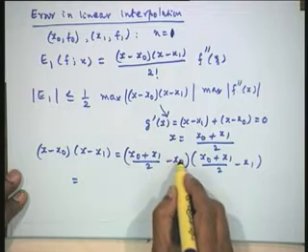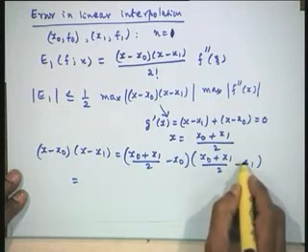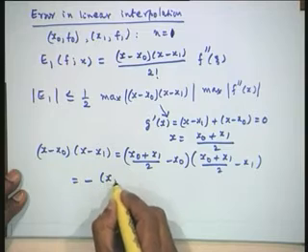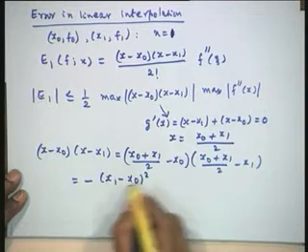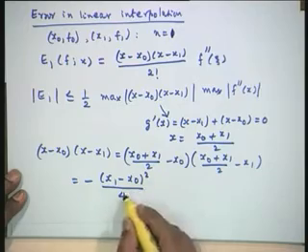This is x 1 minus x naught, this is minus x naught minus x 1. So, I put a minus sign outside and put x 1 minus x naught whole squared by 4. There is a 2 here, there is a 2 here, I will have 4 here.